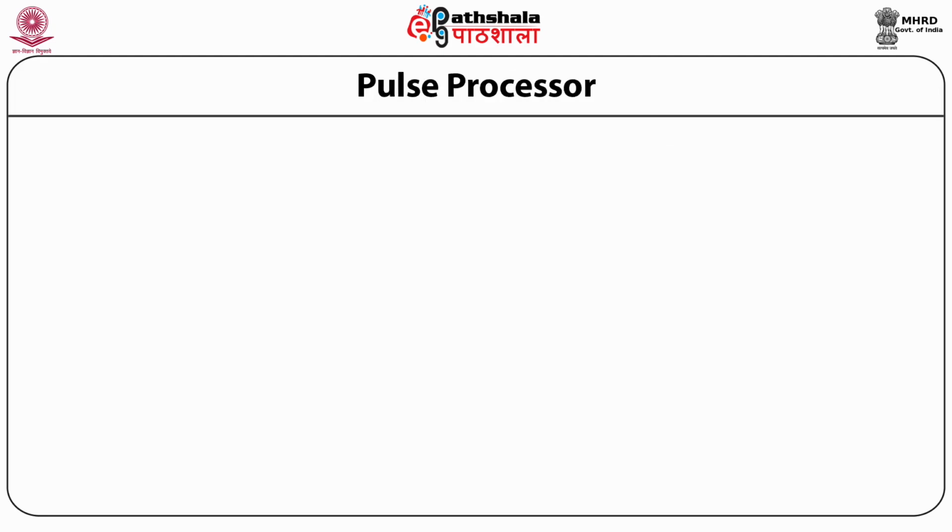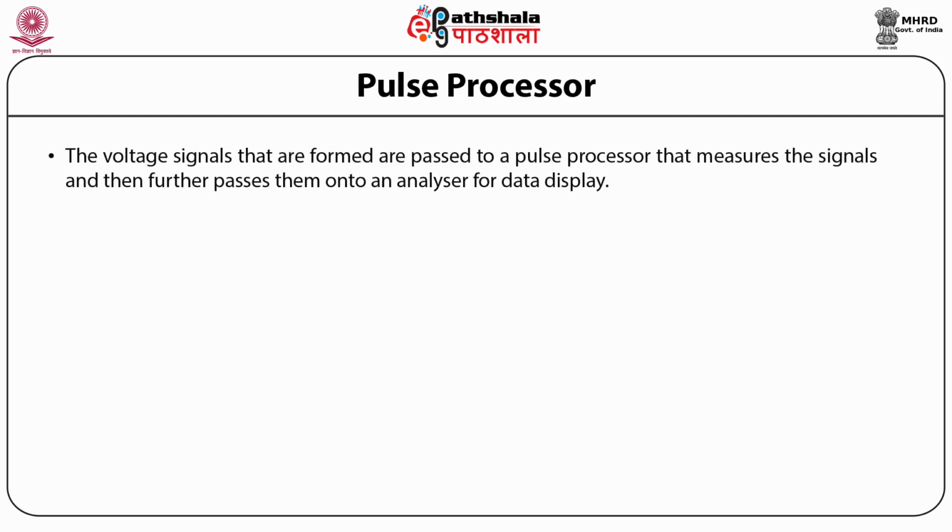Now we will discuss another component, that is the pulse processor. The voltage signals that are formed are passed to a pulse processor, which measures the signals and then further passes them on to an analyzer for the display of data.